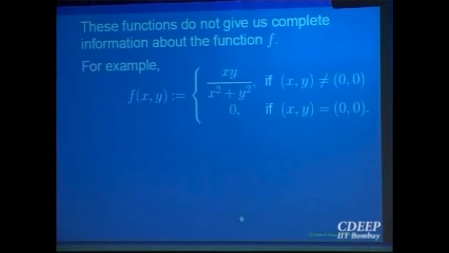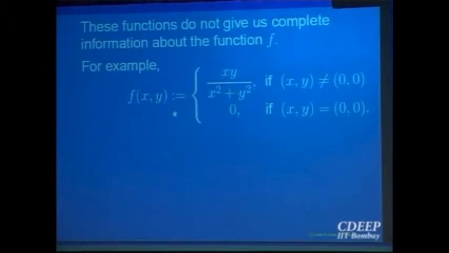These functions normally do not give you much information about the function as such, but sometimes they are useful. For example, we said last time, take the function xy divided by x square plus y square for (x, y) not equal to (0, 0), and 0 at (0, 0). Fix x equal to 0, then this function is identically equal to 0, which is continuous at 0.